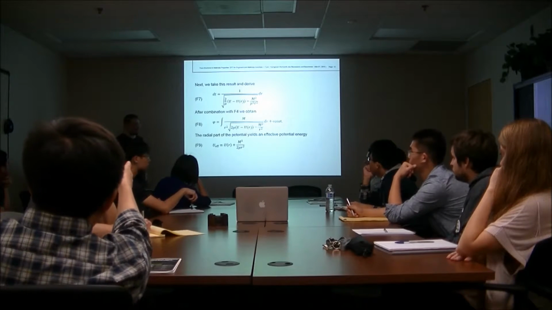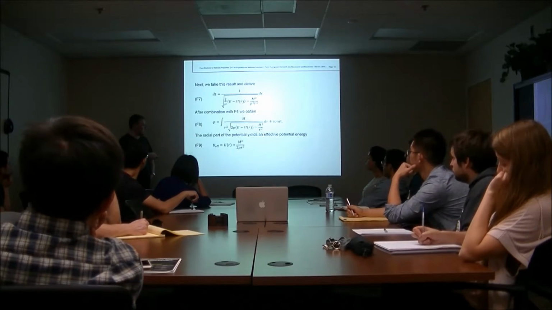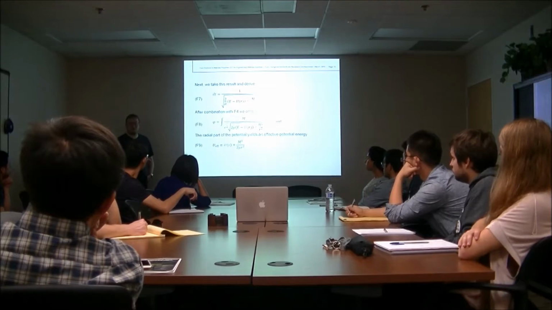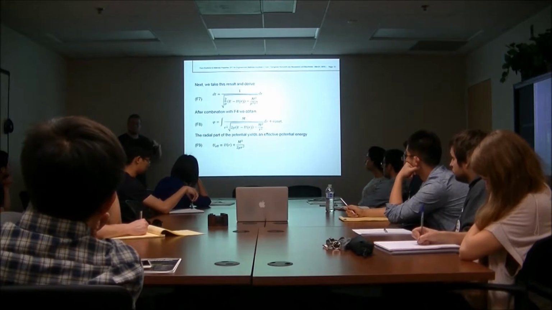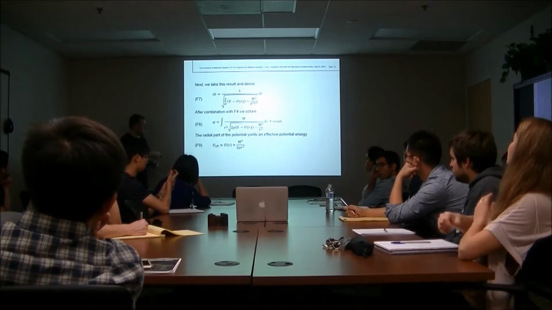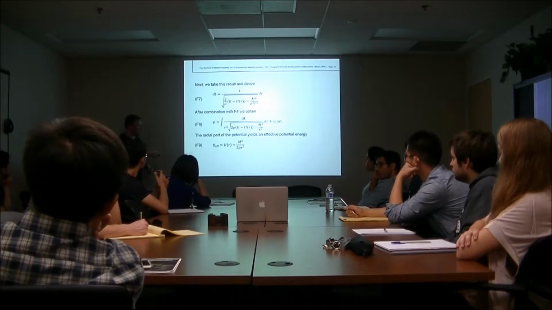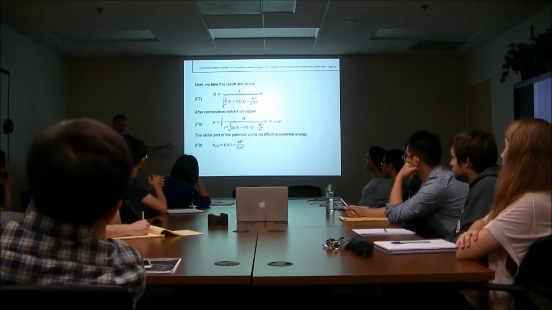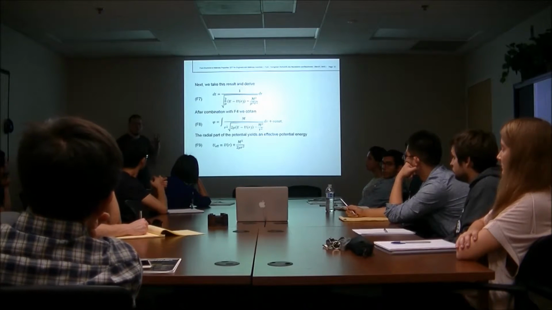Mathematically, we just say all parts depending solely on the distance are summed into some kind of potential. So this is a true potential energy plus this term, which is also solely depending on the distance. It is an effective potential.